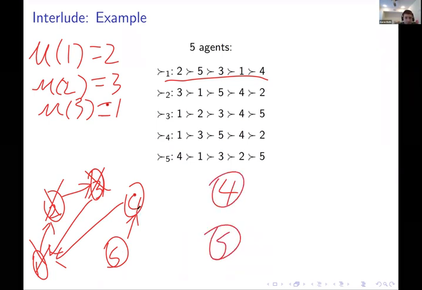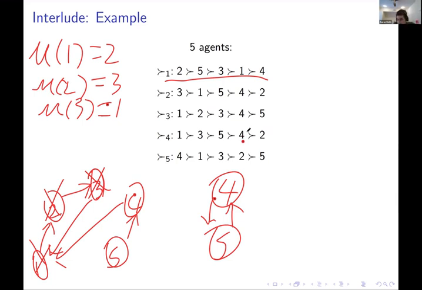Player 5's favorite good is still there. It was always good 4. But player 4, her favorite good was good 1, which is gone now. She's now got to point to her favorite good amongst the ones that remain. That's good 5, the only remaining good in the market, because she prefers good 5 to her own good.